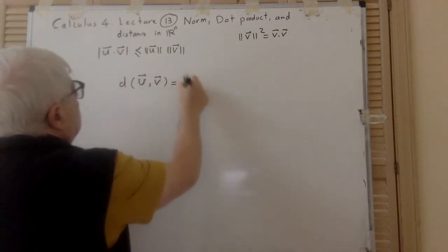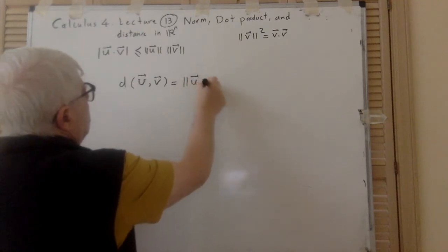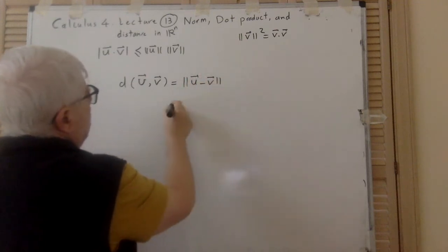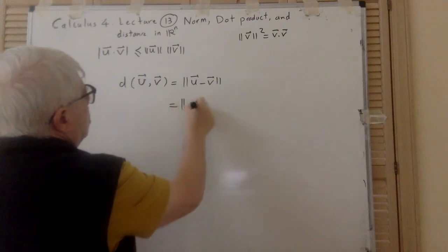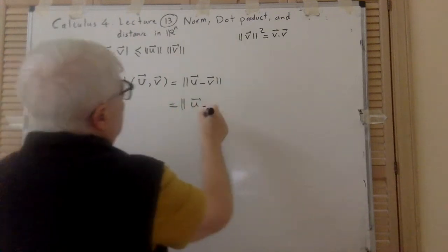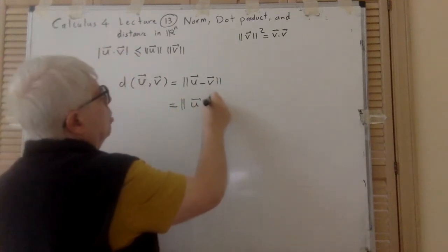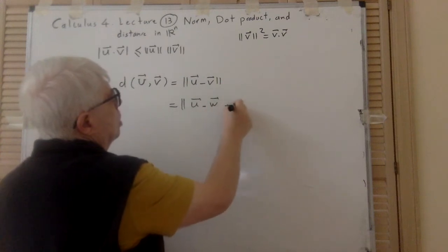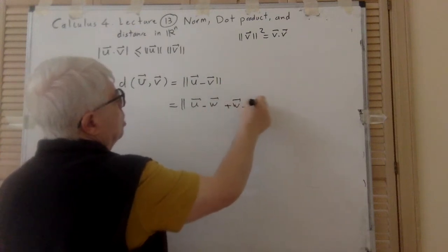So that is this thing. Remember, that was the norm of u minus v. I can write this in this form: u minus w plus w minus v, right?